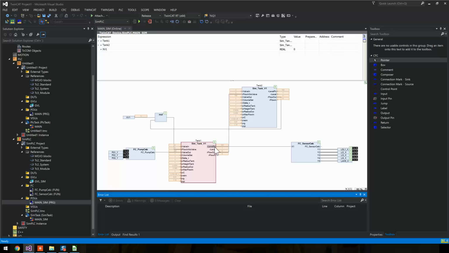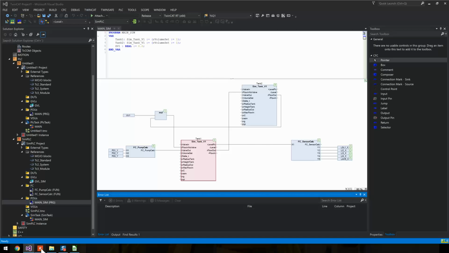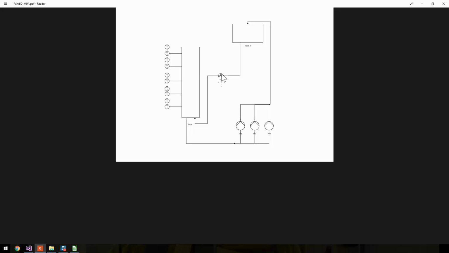Let's leave this one at 100% and then leave this one at 0, which makes more sense, since if this one is open and these are off and this one is higher up, all the water in this one will flow back into this one. When this model was made, they made sure to make this one actually bigger.